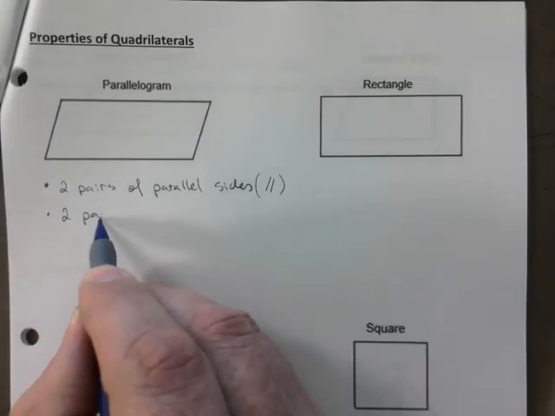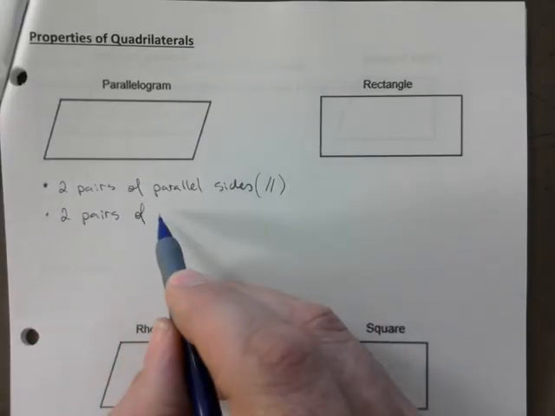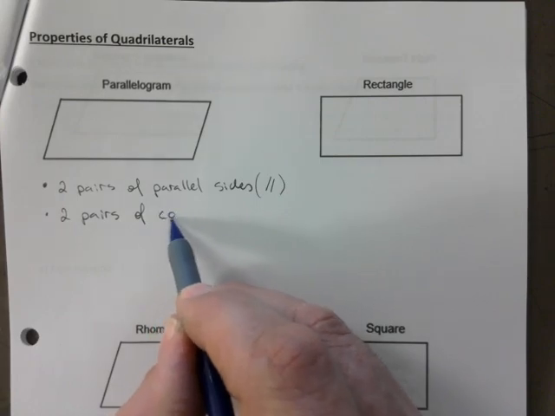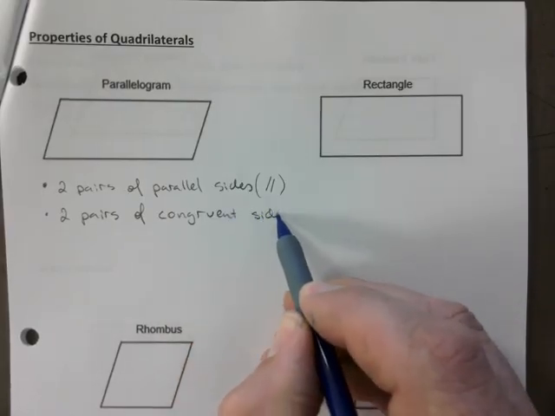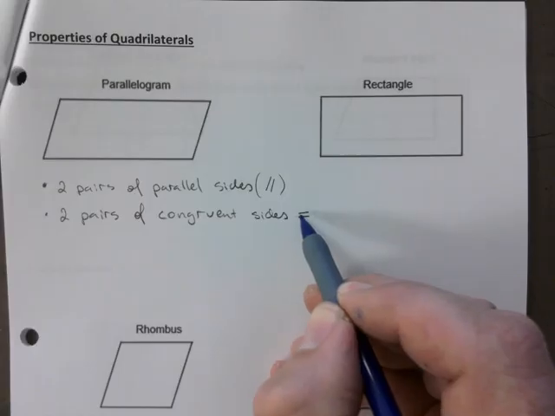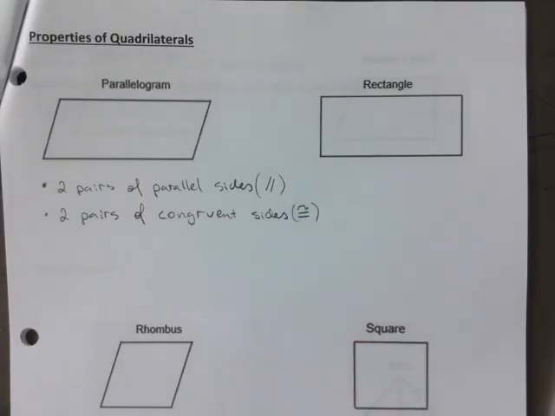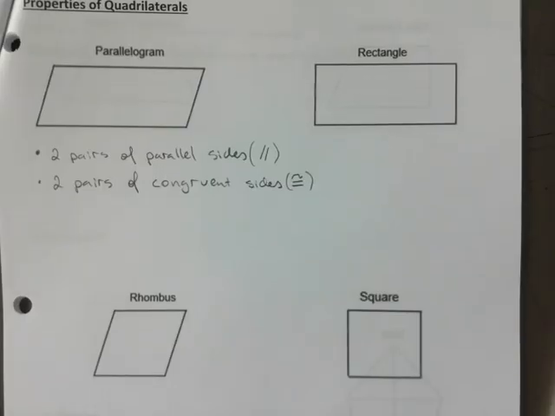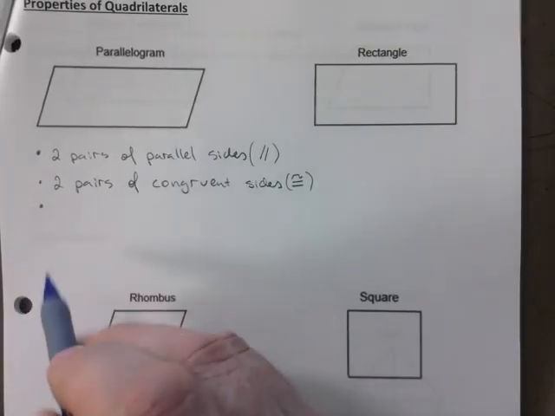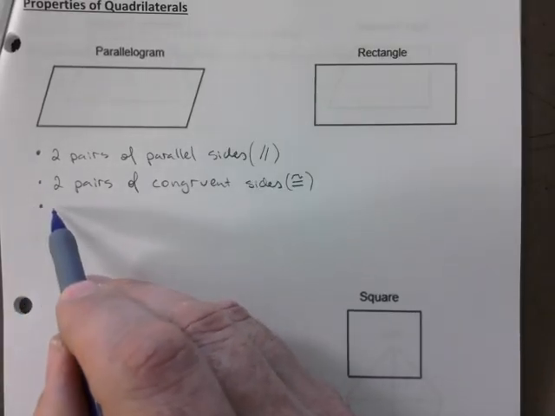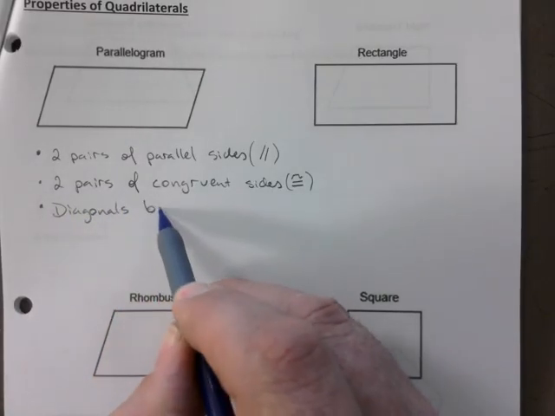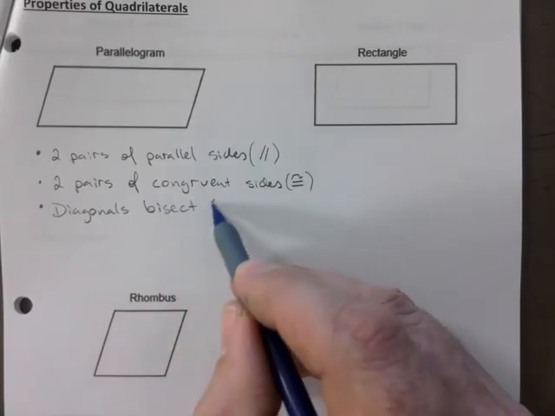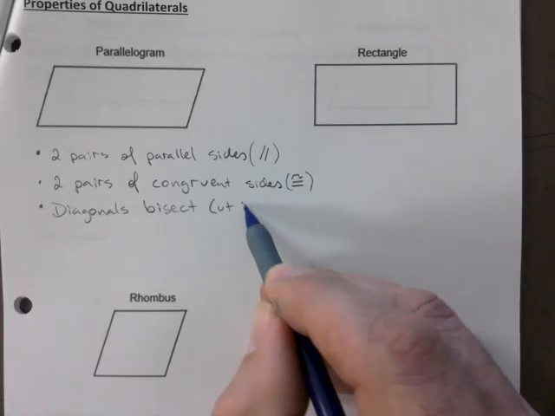It's got two pairs of congruent sides. And the symbol for congruent, I kind of gave you a heads up yesterday, is the equal sign with a third wave, okay? And then its diagonals bisect, cut in half.